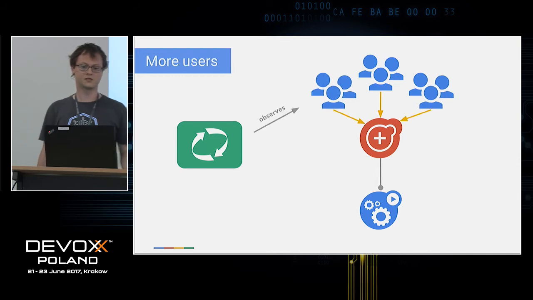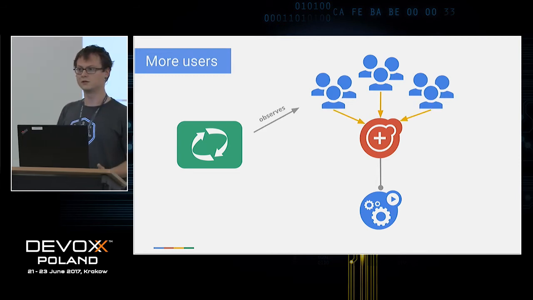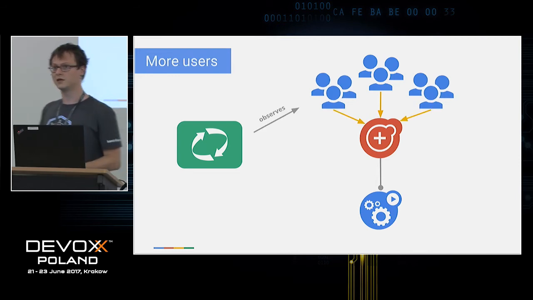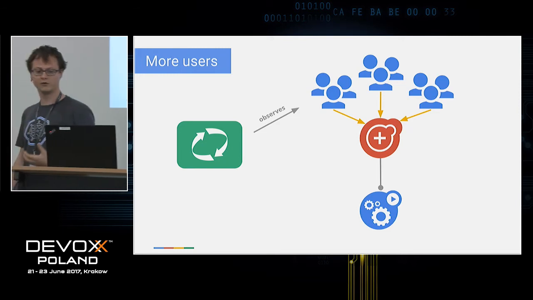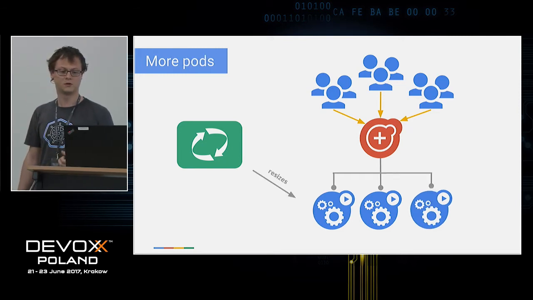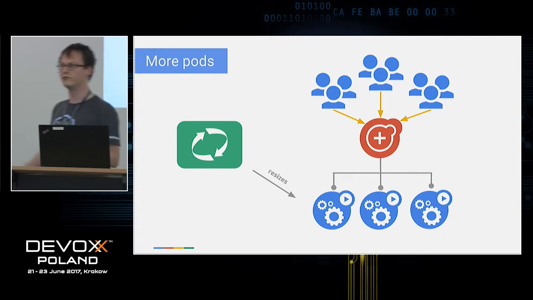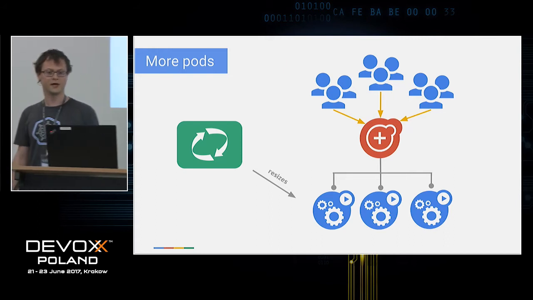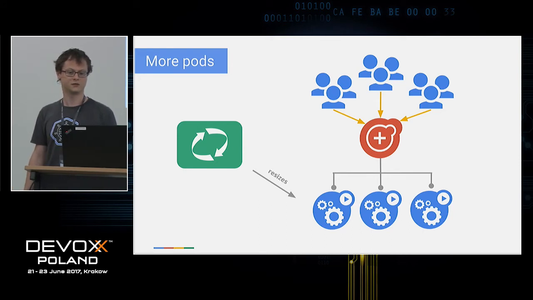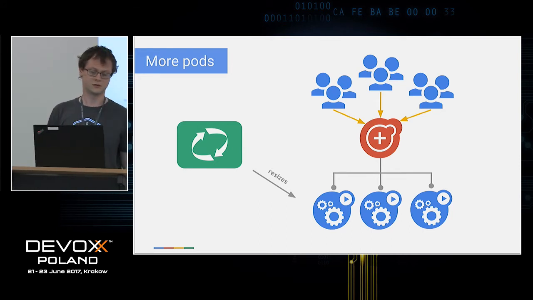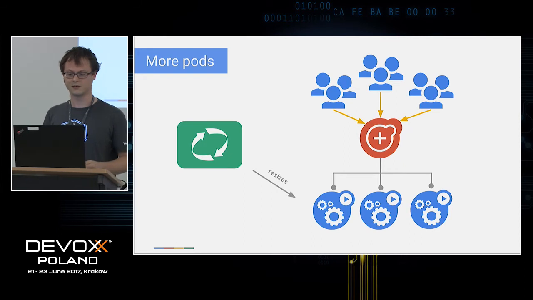When new users come and load increases, the HPA will notice that and react by adding more pods. Then the traffic will be split among all those pods, and hopefully our deployment will be healthy and will use as many resources per pod as we want. So it's just as simple as that.